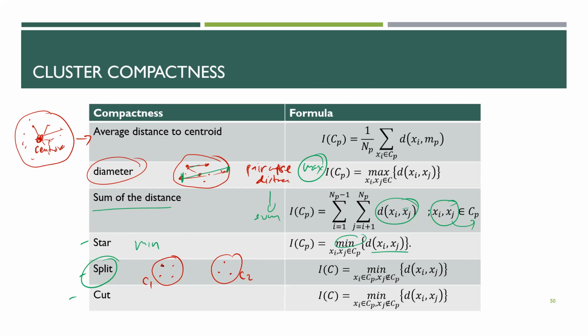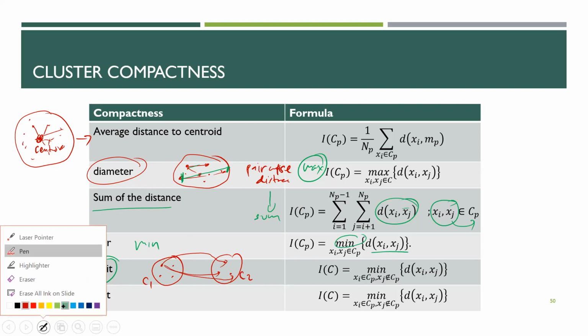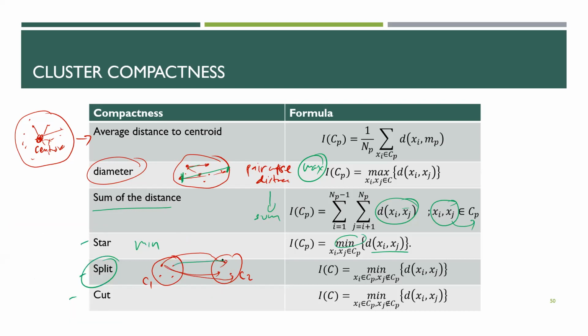For example, this one to here, to this one, to this one, and then the second data point to here, to here, to here. We calculate the distance for all of them, then choose the minimum one. That is the split.